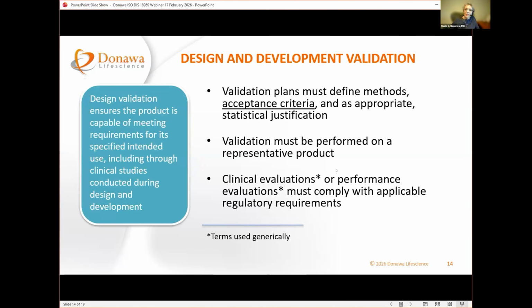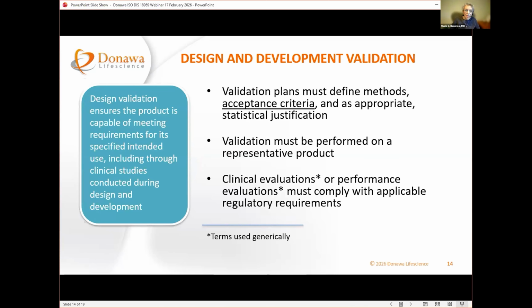This is the stage where, I was going to say the rubber hits the road. I said it. This is where the validation activity is intended to demonstrate that the device meets its requirements. So this is specifically talking about design validation.